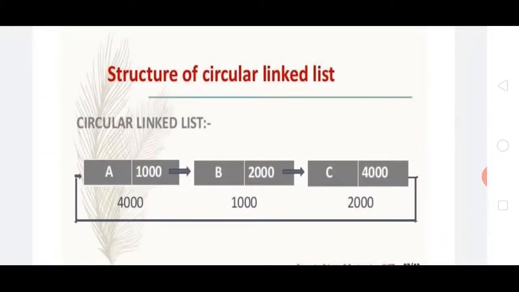Now we can see one figure. The name of the figure is structure of circular linked list. This figure contains three nodes. The first node contains the data field A, the second node contains data field B, and the last node contains data field C. The first node address is 4000, the second node address is 1000, and the last node address is 2000.